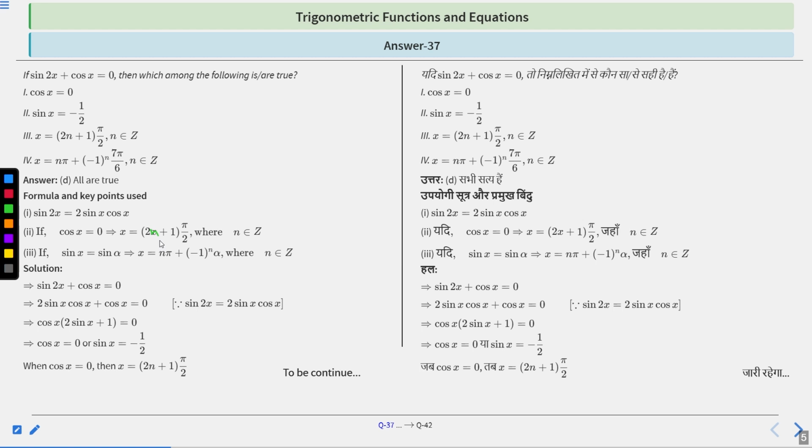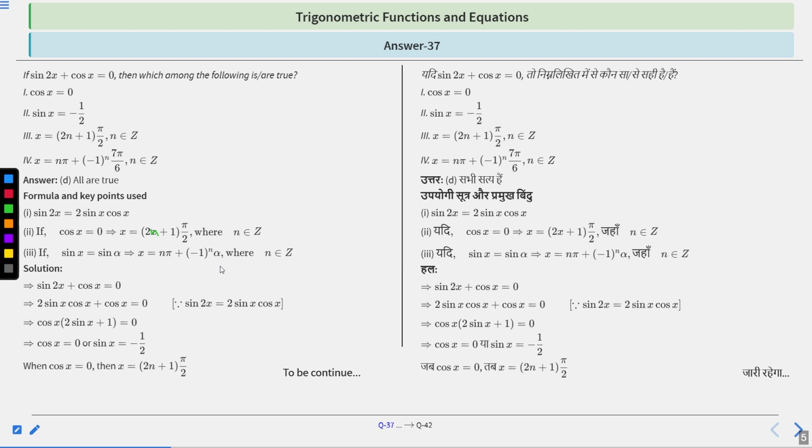If cos x equal to 0, this implies x is equal to (2n plus 1) pi by 2, where n belongs to Z. Third point, if sin x equal to sin alpha, then x will be equal to n pi plus (minus 1) to the power n alpha, where n belongs to Z. We have to keep in mind n belongs to Z means n is basically an integer. So these are the formulas and key concepts we use in this question.